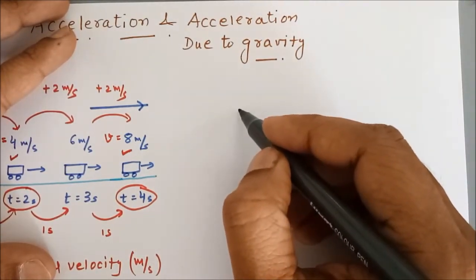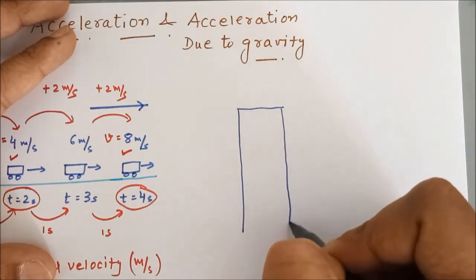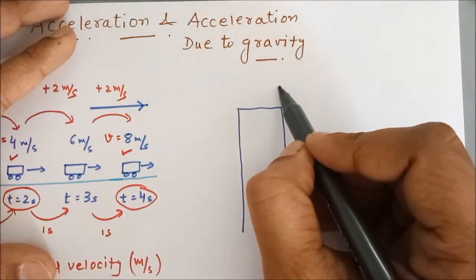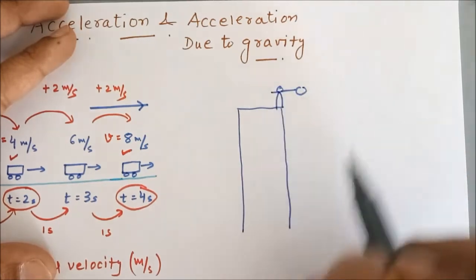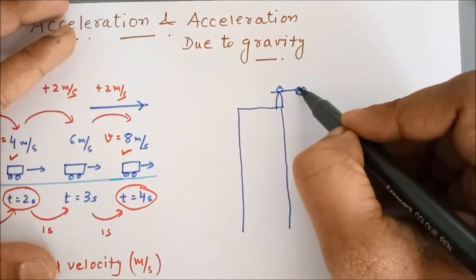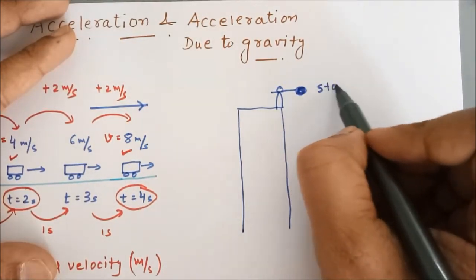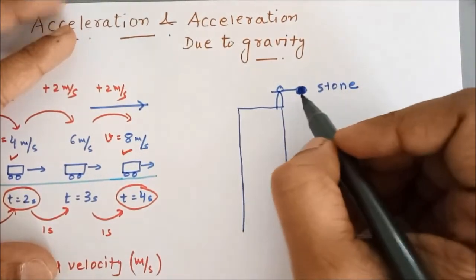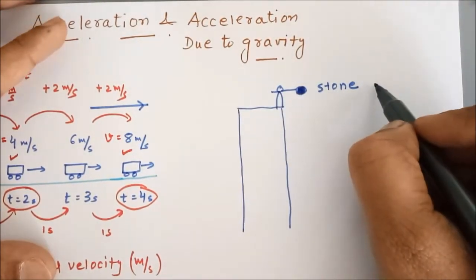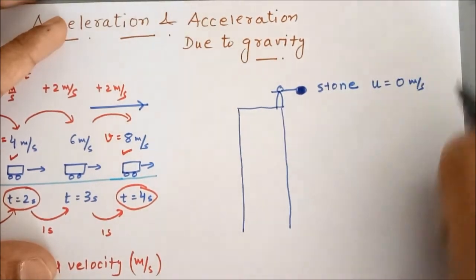Suppose there is a very tall building and there is a boy standing over here with a ball in his hand. Suppose this is a stone. Now this stone is at rest because it is in the hand of this person, so its speed is 0 meter per second.